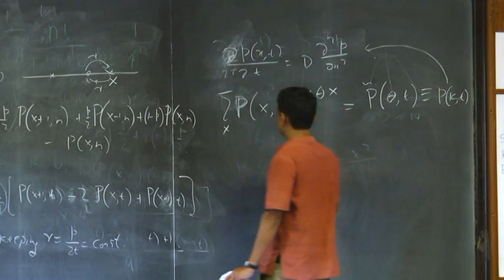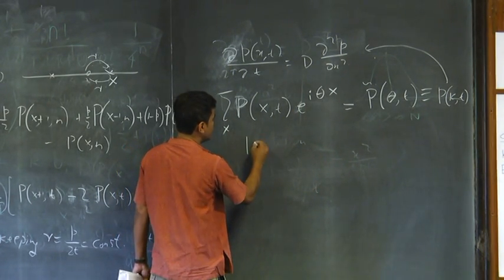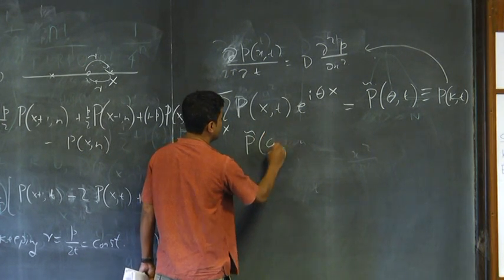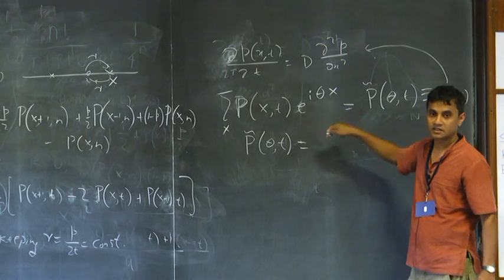Now if I do this, then the inverse is also easy to find. So p tilde of theta, t. What is the inverse of this?